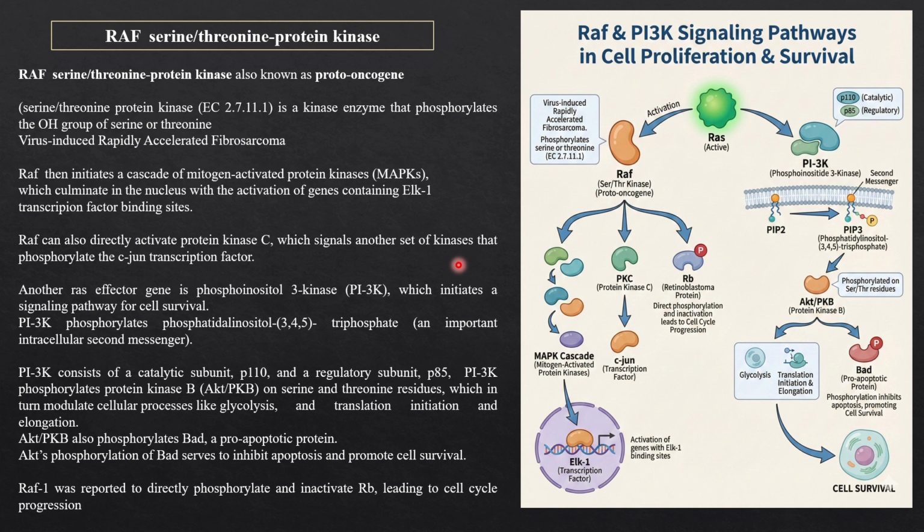And PI3K activates protein kinase B, also known as AKT-PKB, on serine and threonine residues, which in turn modulates cellular processes like glycolysis, translation initiation and elongation. So RAF1 was reported to directly phosphorylate and inactivate the RB protein, which leads to cell cycle progression.